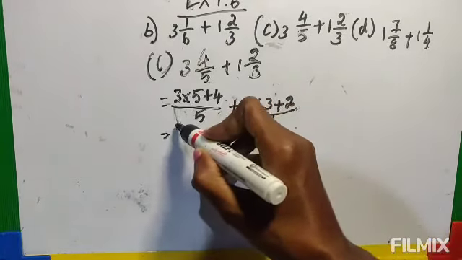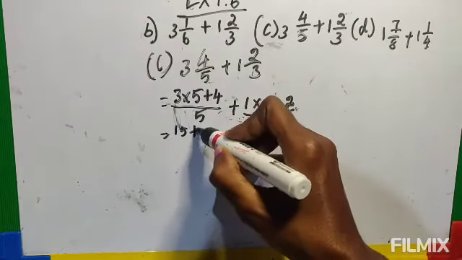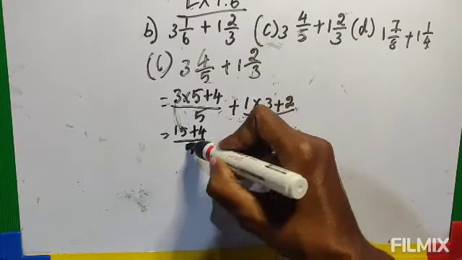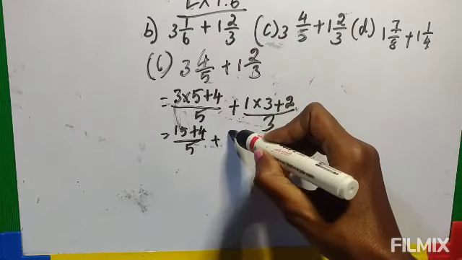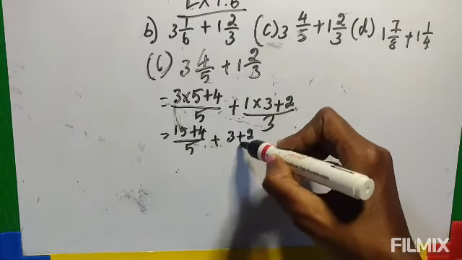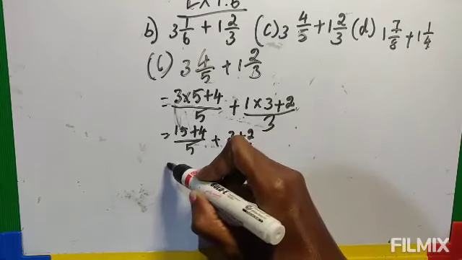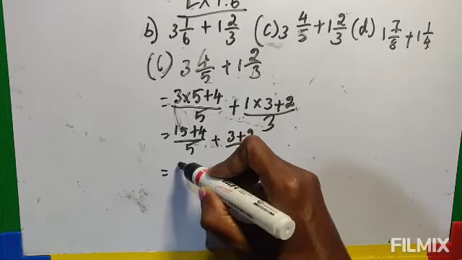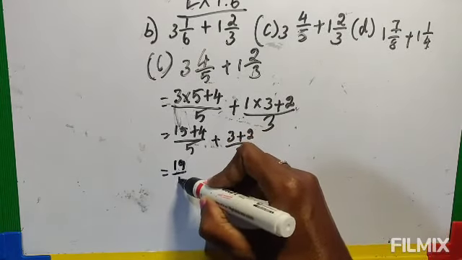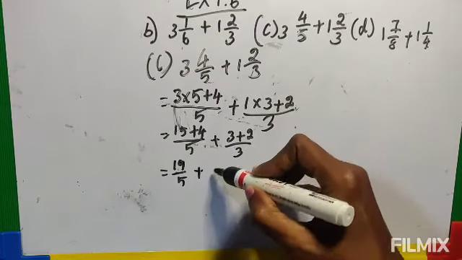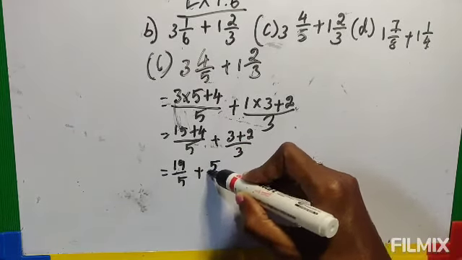Now 3 5s are 15 plus 4 by 5, plus 3 1s are 3 plus 2 by 3. Now 15 plus 4 is 19 by 5, plus 3 plus 2 is 5 by 3.